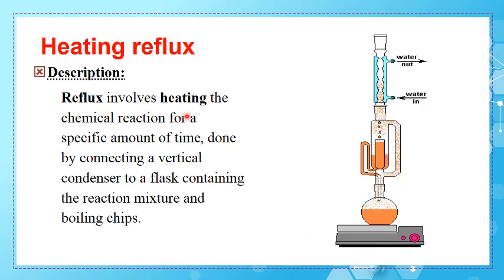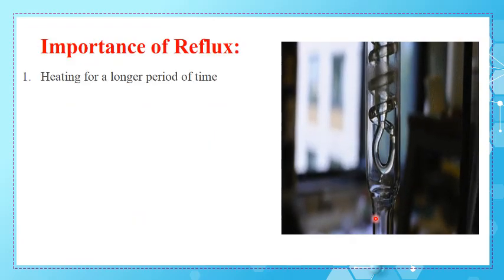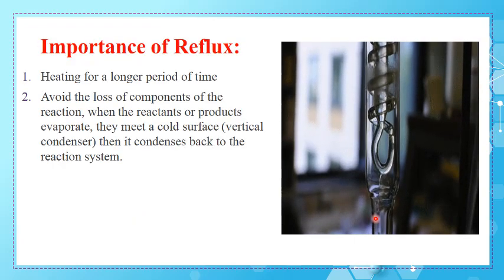Reflux involves heating the chemical reaction for a specific amount of time, done by connecting a vertical condenser to a flask containing the reaction mixture and something called boiling chips, which I want to explain after a while. Here is the real drawing. What is the importance of reflux heating for a longer period of time? Avoid, this is by heart, avoid the loss of components of the reaction.